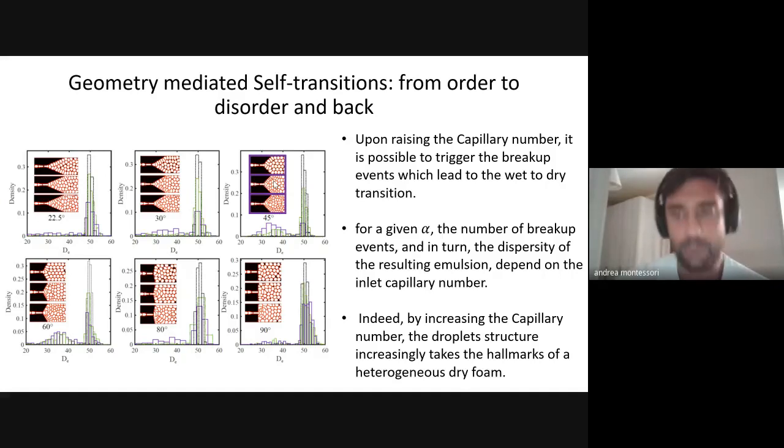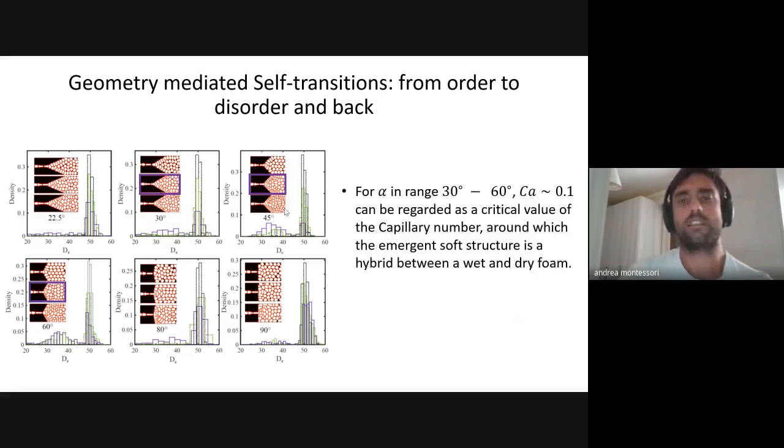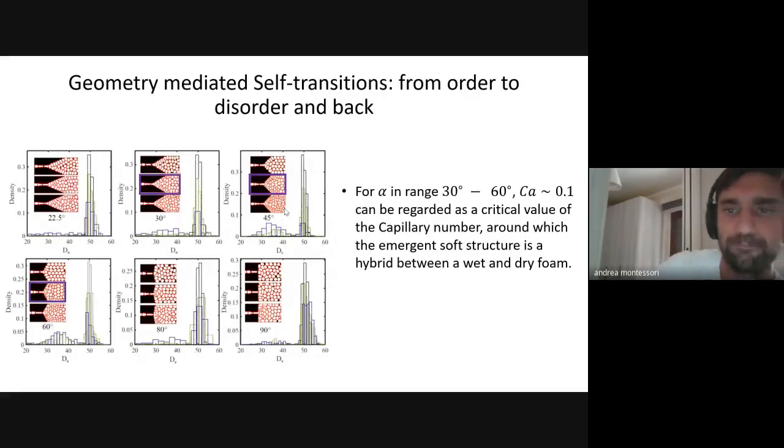Indeed, by increasing the capillary number, the droplet structure increasingly takes on all the hallmarks of a heterogeneous dry foam, as evidenced here, where you are passing from 0.04 to 0.16. We found that, for alpha in the range of 30 to 60 degrees, a capillary number of 0.1 is a critical value around which the soft structure emerging from the simulation is a hybrid between a wet and dry foam.